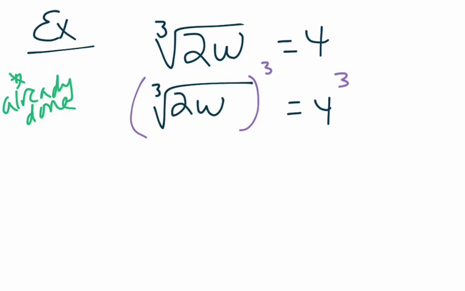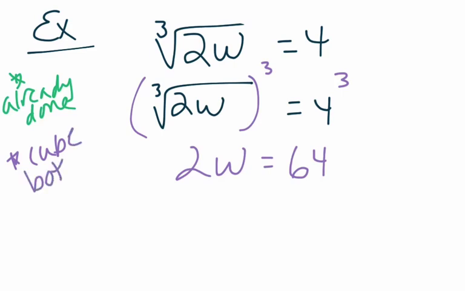So if I've got a cube root and I want to get rid of it, I can cube it. That is going to leave me with 2w, and then 4 to the third power is 64. Cube both sides. I'm just making a couple annotations over here. You're starting to recognize the 64.